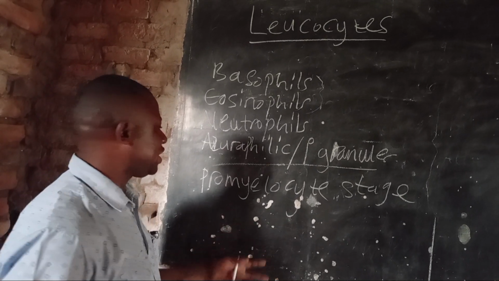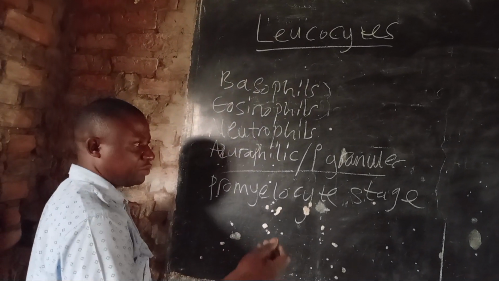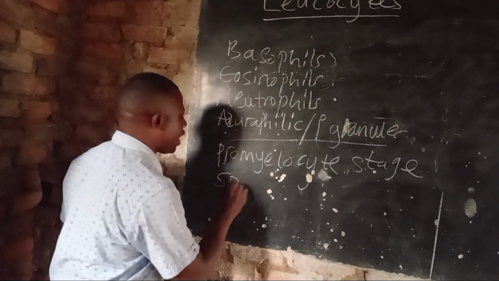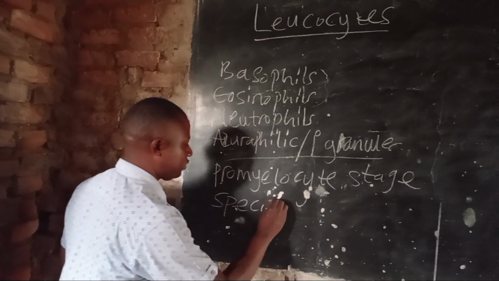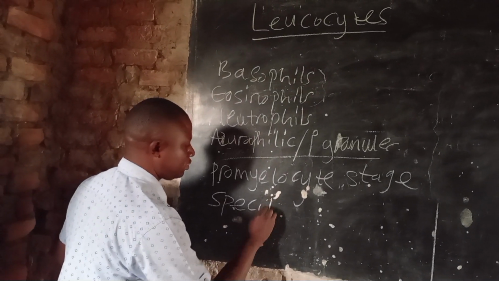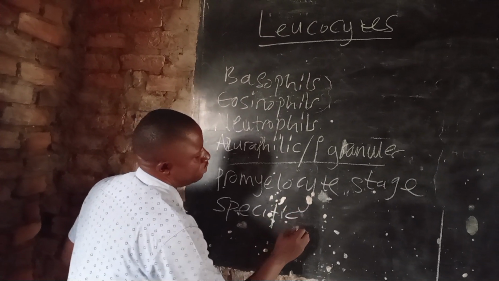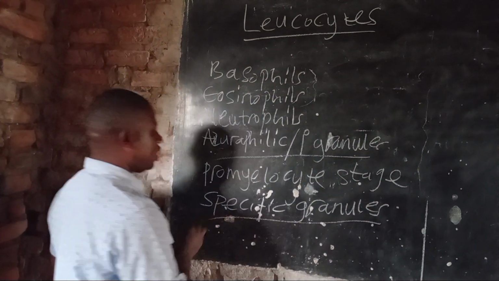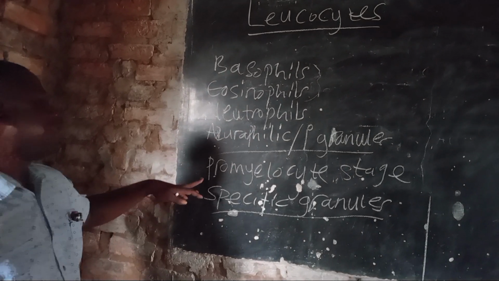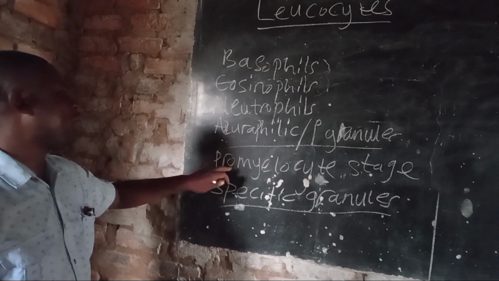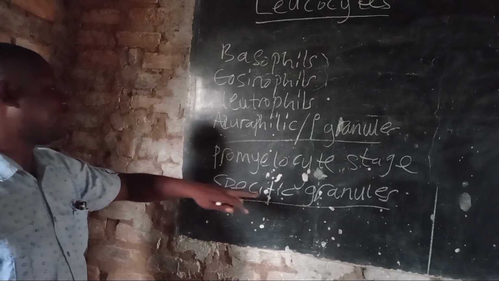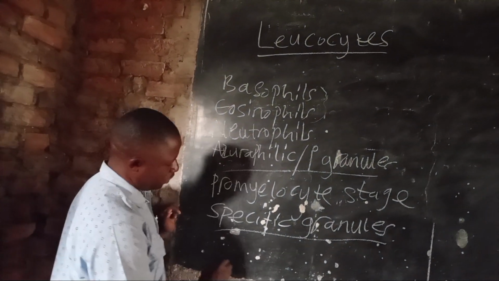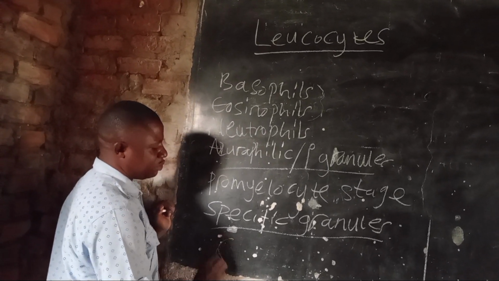After the promyelocyte stage, we have other granules, which are called the specific granules. These specific granules appear after the stage of the promyelocyte, and these ones are mixed up.